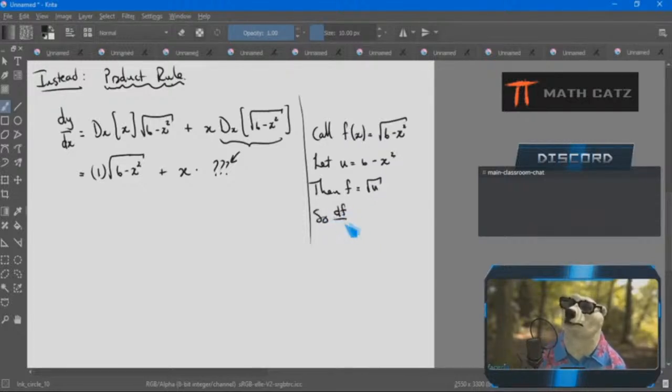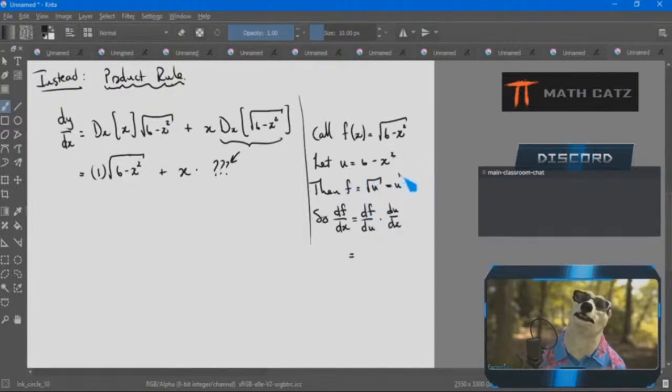So the derivative of f, which is what I'm trying to find here, is set up the chain rule: derivative of f with respect to u, derivative of u with respect to x. Now for the derivative of f with respect to u, I see f as a function just of u.